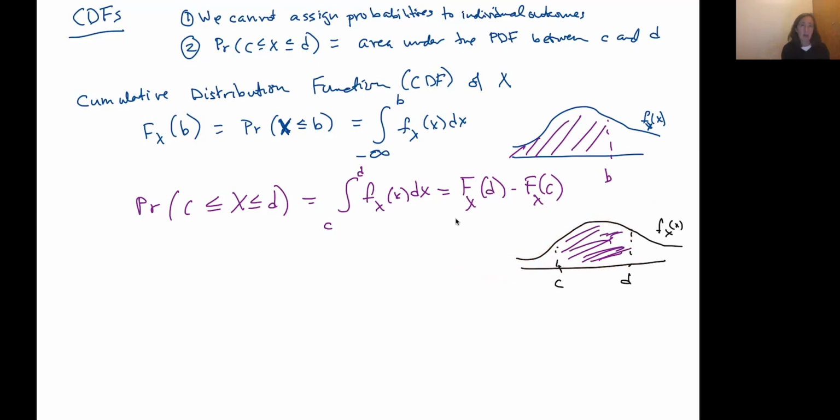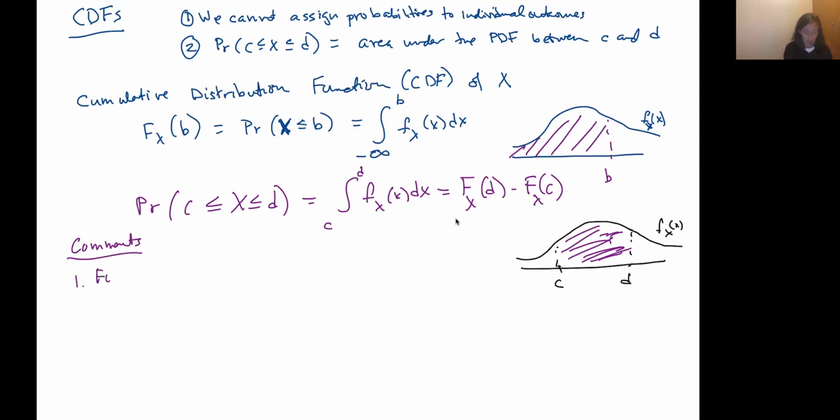A couple of other points about CDFs. One is that one way in which continuous random variables are actually simpler and easier to work with than discrete random variables is we don't have to worry about edge cases.